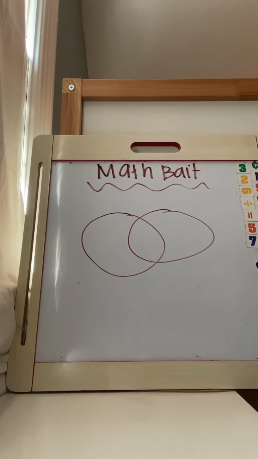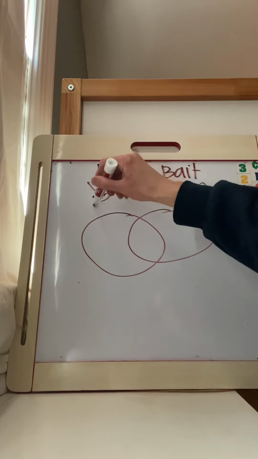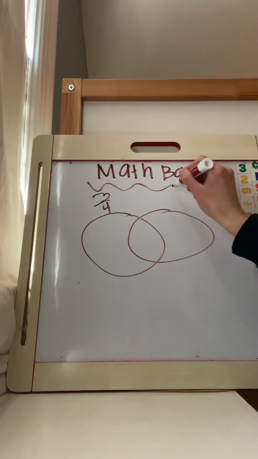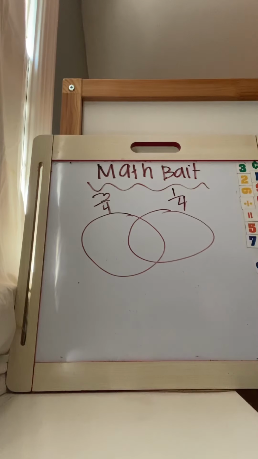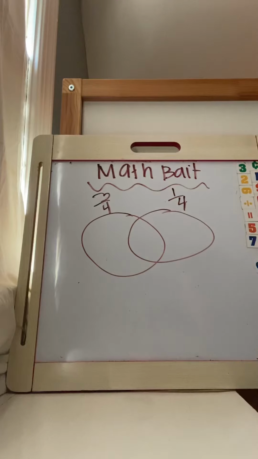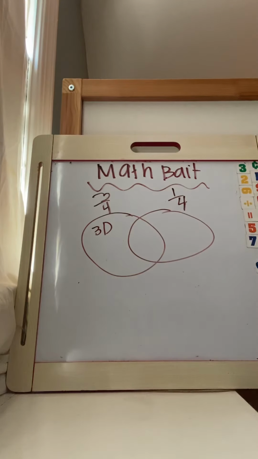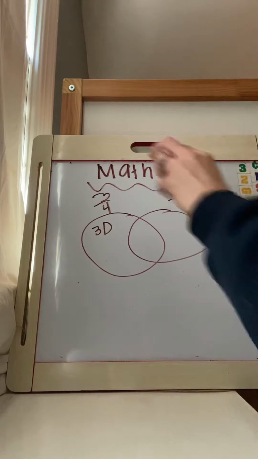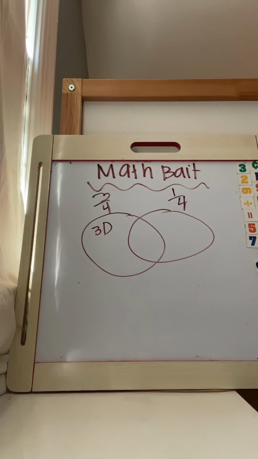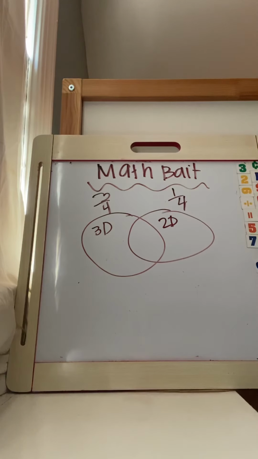So a Venn diagram is a perfect way to tell how something's the same and how it's different. So over here, this is going to be our 3/4. This is going to be our 1/4. So one thing that was in our 3/4 was that it was a 3D shape. That was the only thing that went with that fraction. This one was a 2D. So that's how they are different.